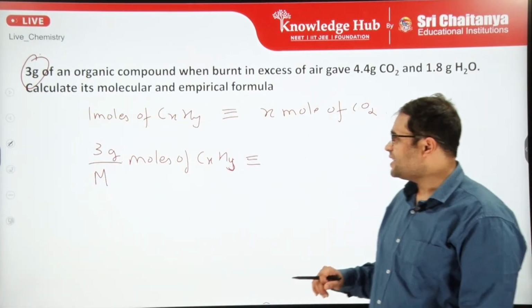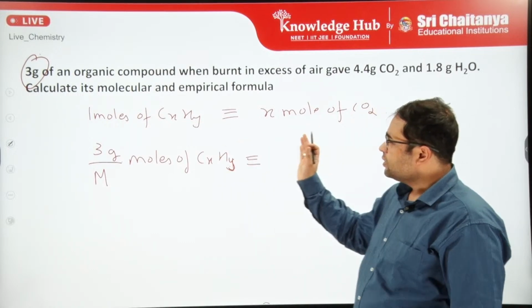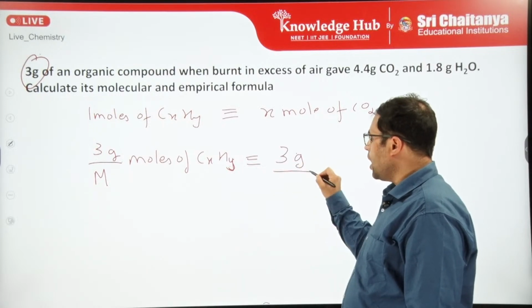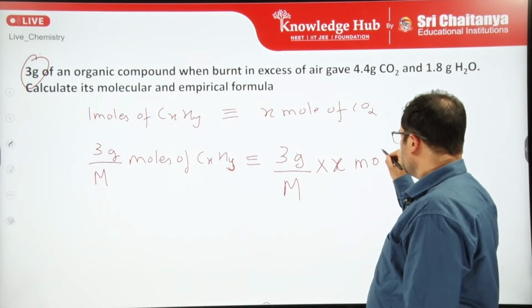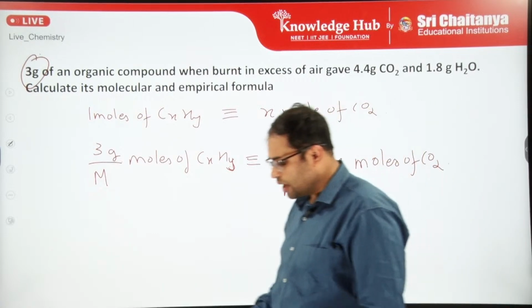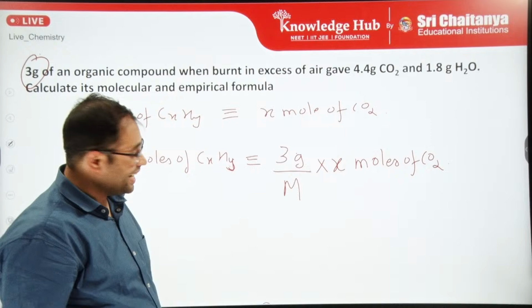Can you guess it? See, 1 mole gives X. So these many moles, 3 grams by M into X moles of carbon dioxide. Right? These many moles of carbon dioxide you should get ideally.